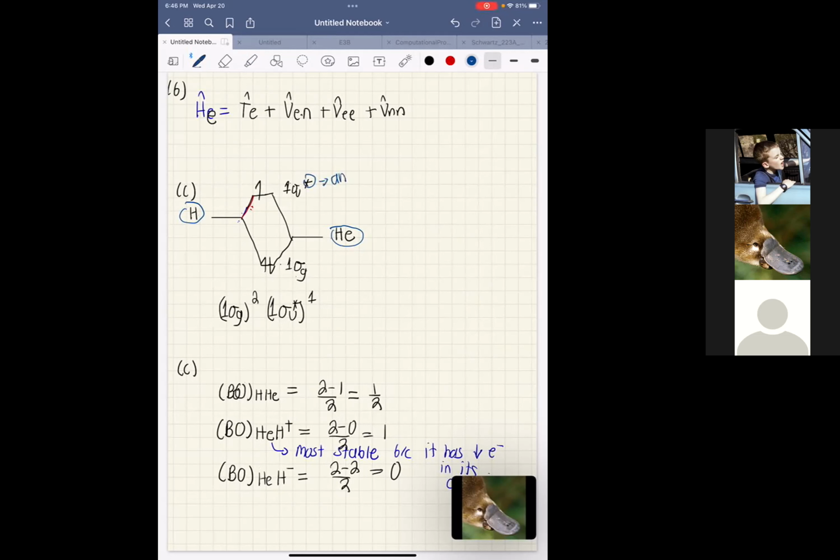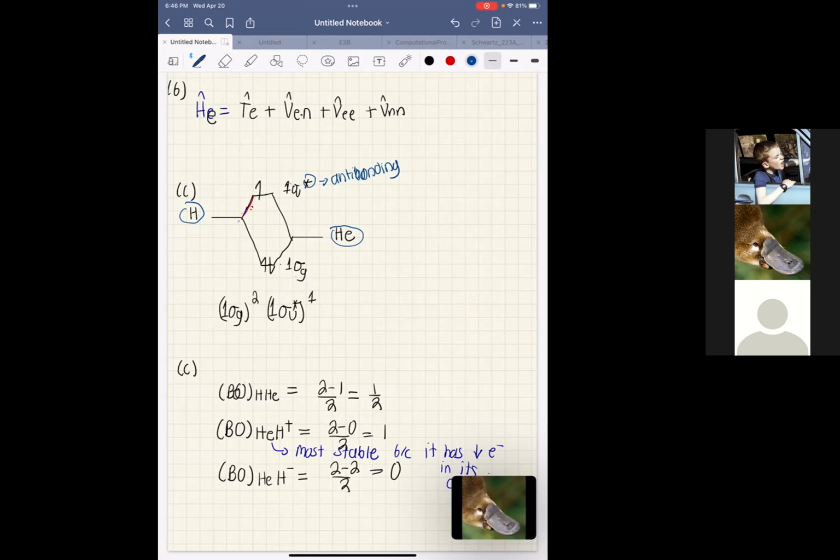Let's put that, antibonding. So every noble gas has non-bonding, so it doesn't have a star, and then H means bonding. In this case I'm talking about the molecular orbital of the whole molecule, so it's not the orbital for helium.